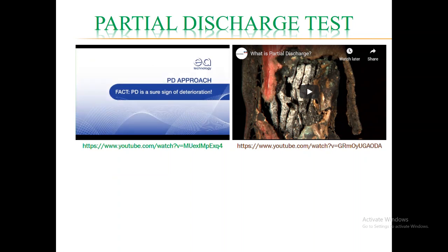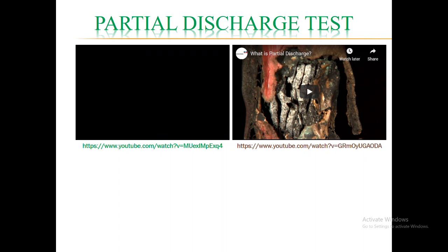Above all, PD activity is the most reliable indicator that assets are deteriorating.